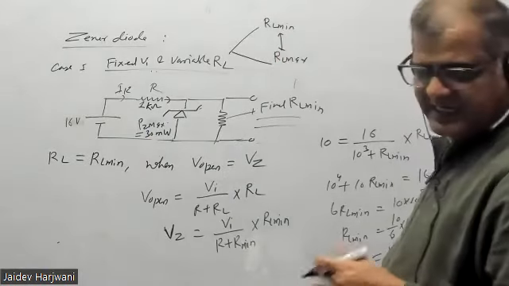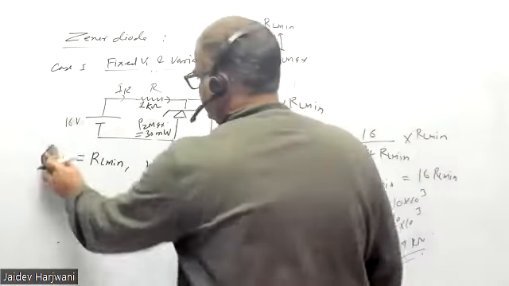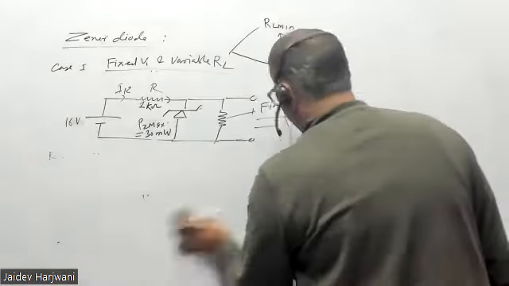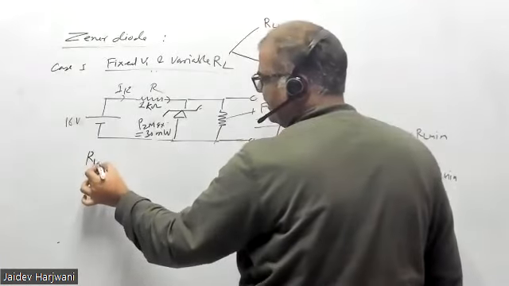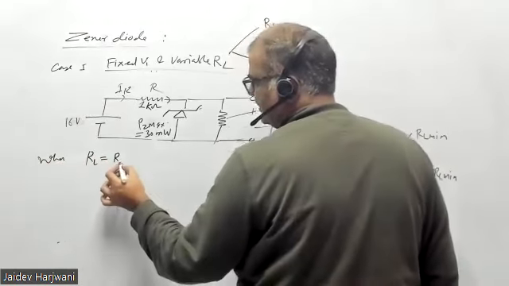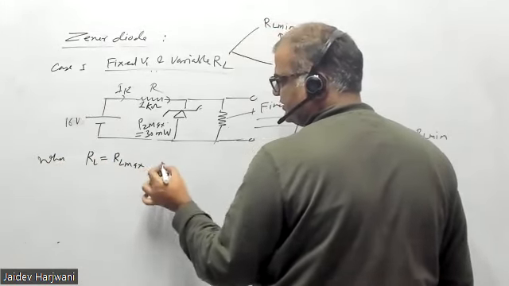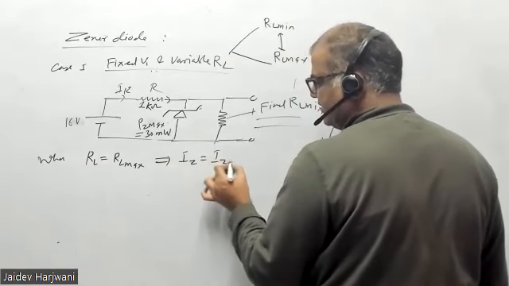Okay, and when IZ max is flowing, obviously this is on. So now what is RL max? RL equal to RL max implies IZ equals IZ max.